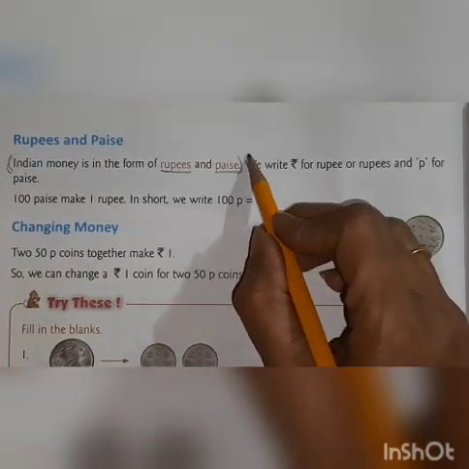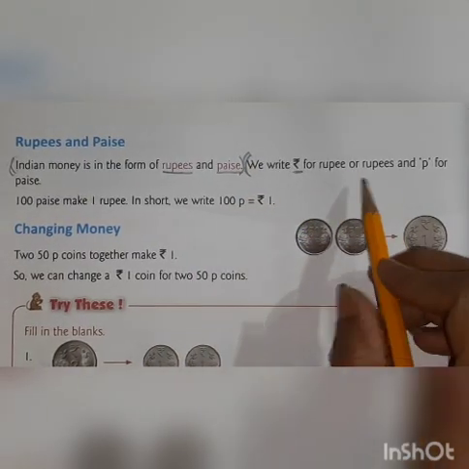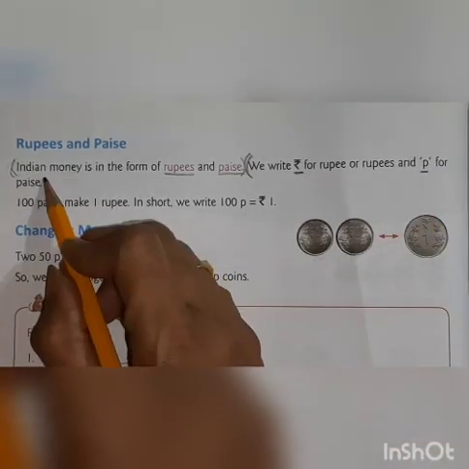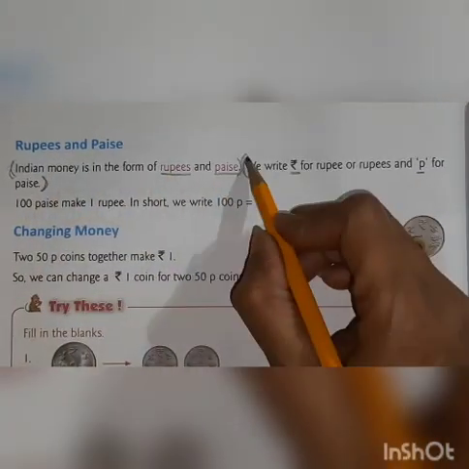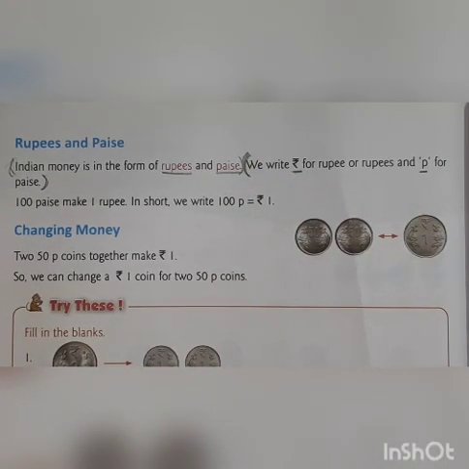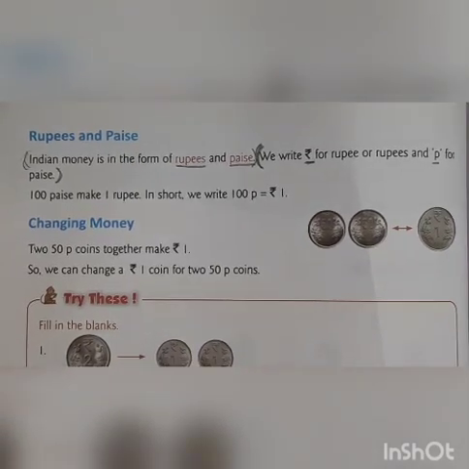We write this sign for rupee or rupees, and P for paise. So here also you can bracket it. Next one. Before going to the next, we'll see one thing.